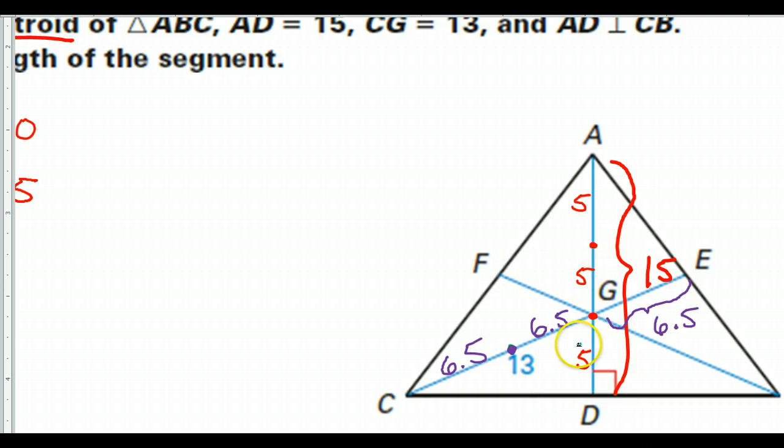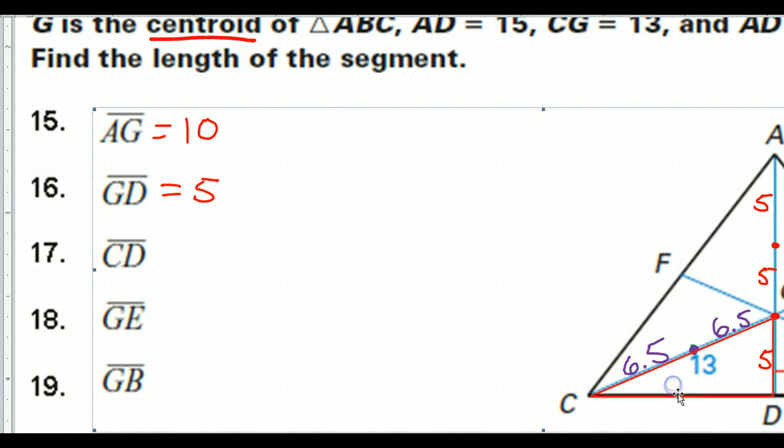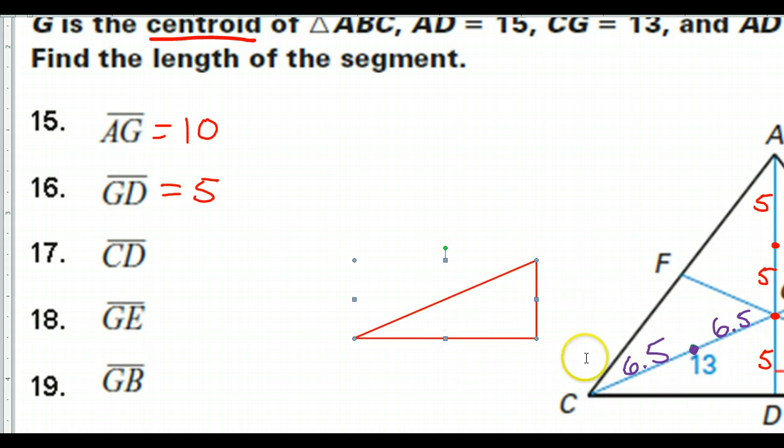But as you saw in previous homework and lessons, I will do the Pythagorean theorem on this triangle right here. Let me make it real clear for you. Look at this red triangle, which is the one I'm talking about. I'm going to take this triangle and move it, if I can, to make it more clear.